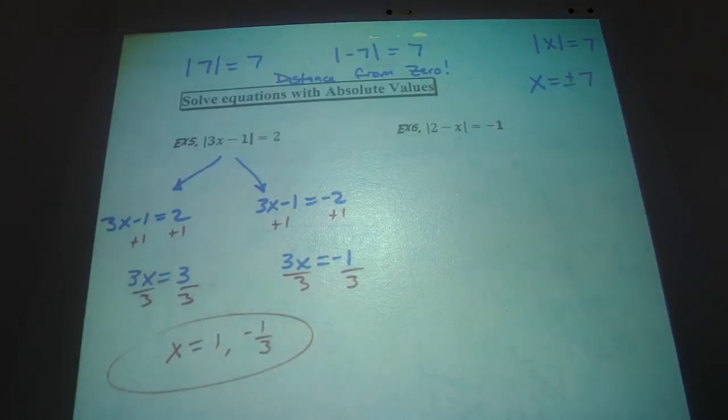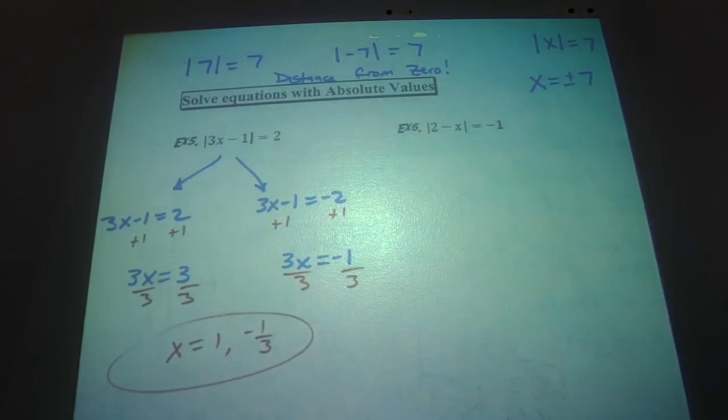I've got the absolute value of 2 minus x equals -1. Right there, that does not make sense to me. Can we ever get an absolute value giving a distance that's negative? I'm seeing Emily shaking her head. Yeah, we can't do that. So remember, it's the distance from zero.